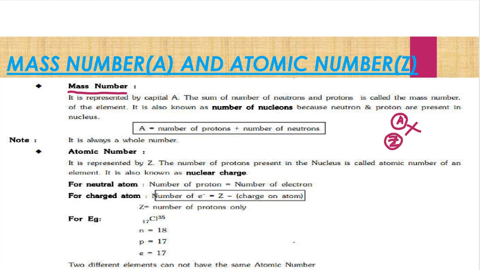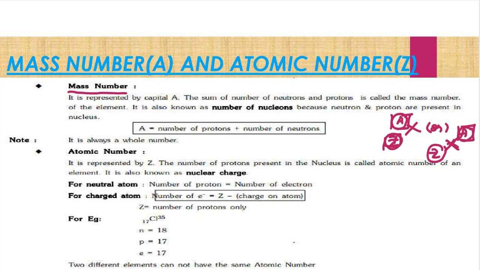This can be written in this format, or it can also be written in this format. Both are correct, but the mass number, represented as A, should be on the upper side, whereas the atomic number, represented as Z, should be on the lower side. Okay, X is the element here.